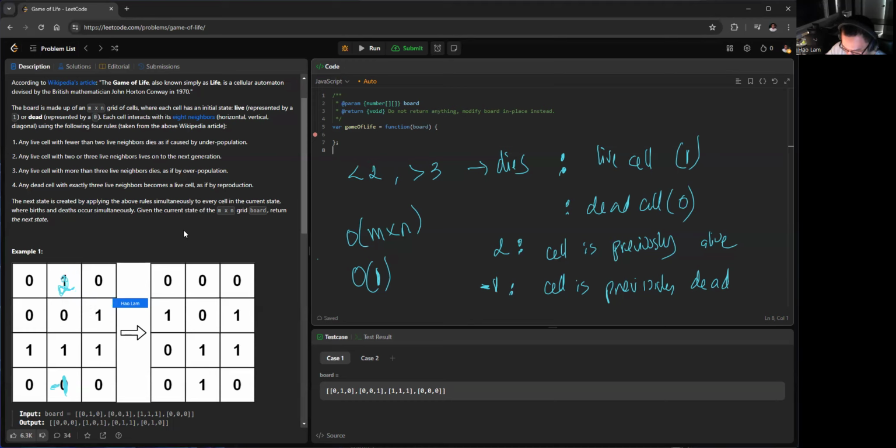Oh, sorry, the 0 has 3 neighbors: this one, this one, this one. So it becomes a 2. Same here. The 0 here has 1, 2, 3, 4, 5 neighbors.